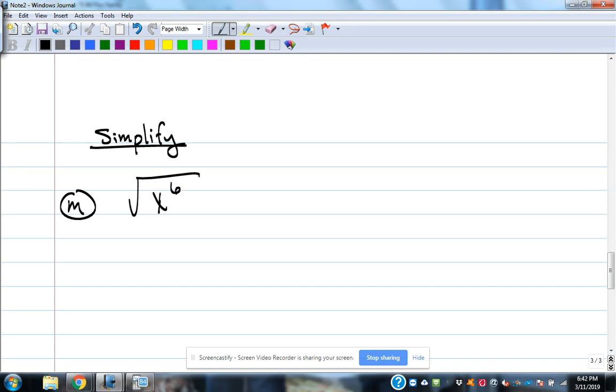What's the index on that when there's nothing written there? What symbol is that? It's a square root, so the index is 2. So they don't write it there ever, but it's really an index of 2. If they put a 3 there, it's a cubed root. But if there's nothing there, it's a square root, which is an index of 2.